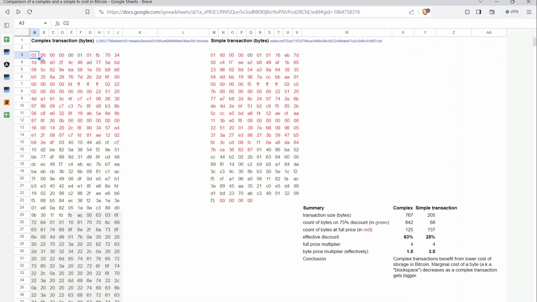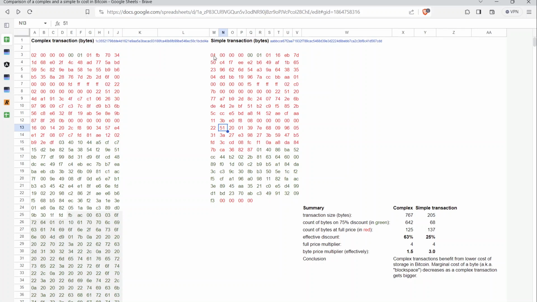Every cell here shows 2 digits or nibbles. They constitute a byte. But anyway, there are two colors. Some bytes are marked with red color, and some bytes are marked with green color.